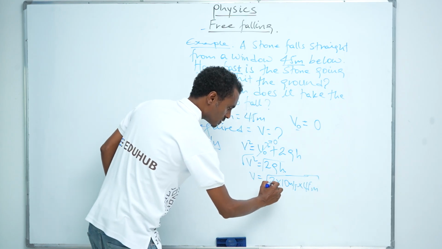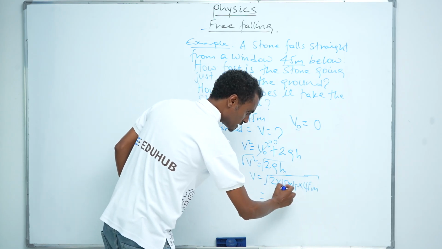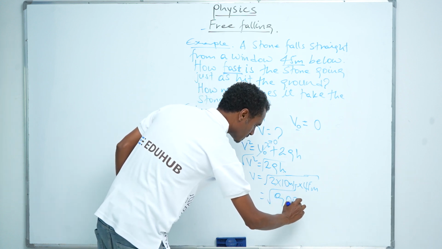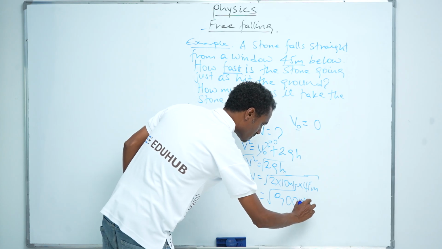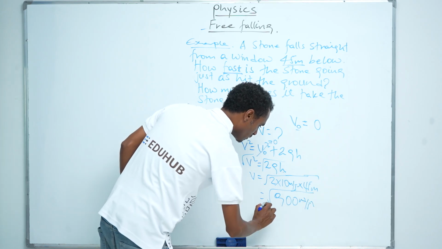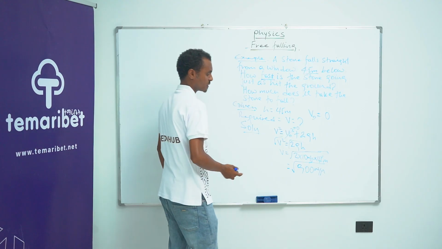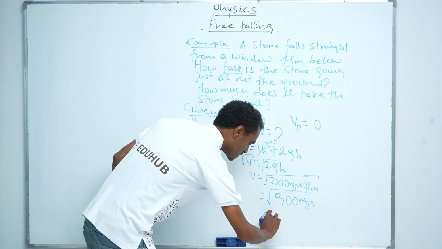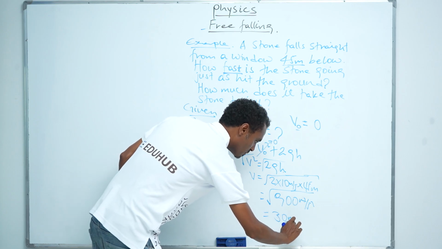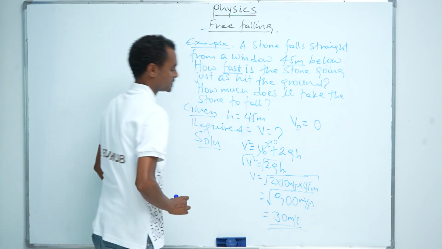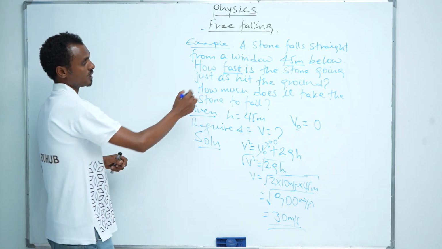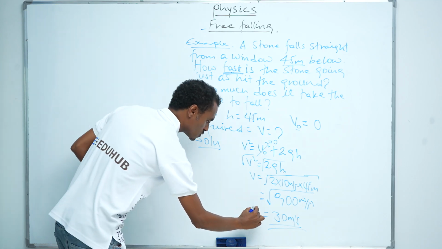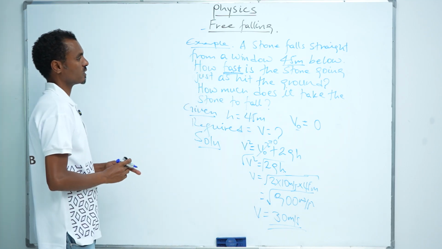So 2 times this is 90, times 45 is 900 meter square per second square. Our next step is that it is a perfect square, so it is possible to take it out of the radical, that is 30 meters per second. This is how fast it is. Our requirement is how fast, so it is possible to get it this way.